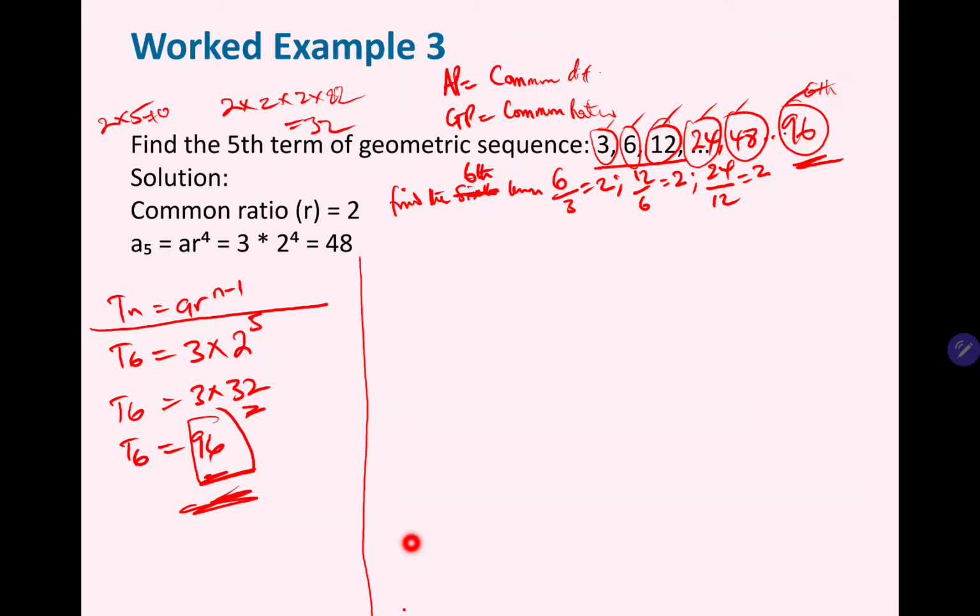All right. So we'll look at the sum of terms in a geometric progression, in a geometric sequence. The sum of terms in a geometric sequence is denoted by Sn, and it is given by this formula: a into r raised to the power n minus 1, all over r minus 1.